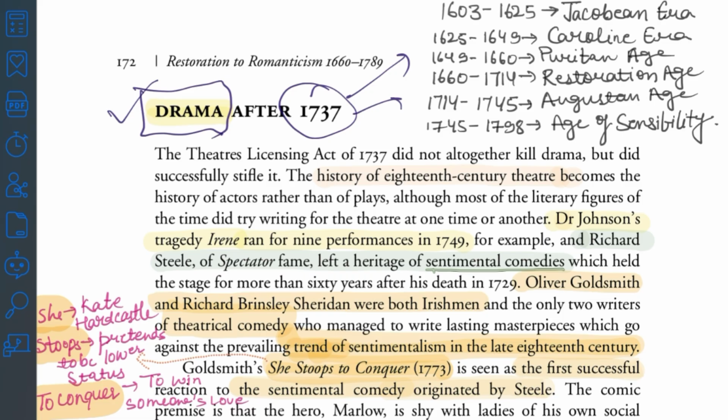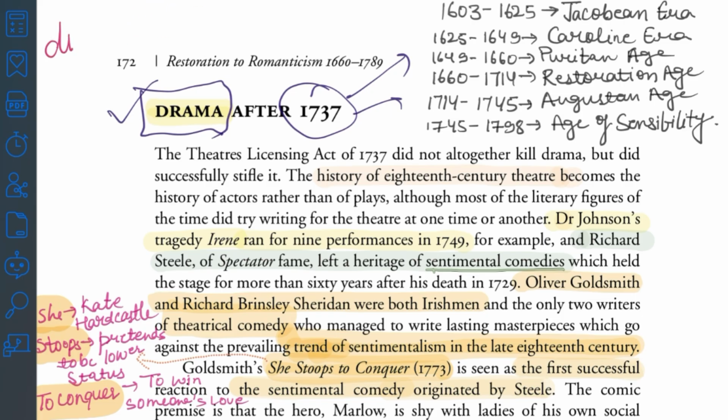Drama is the literary genre written to be performed on stage. What are the important key features? You have to remember them. You can write in your rough notebook: dialogues between characters.